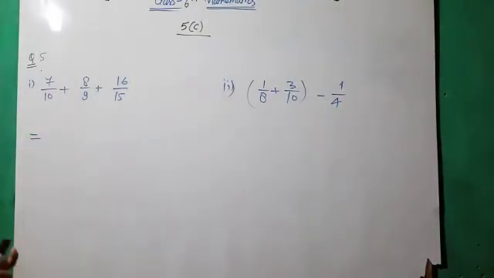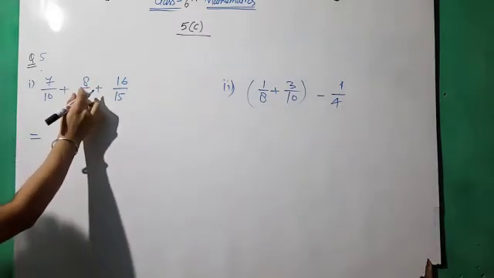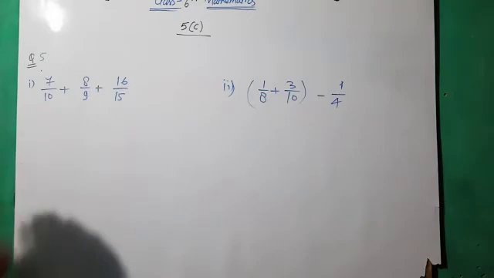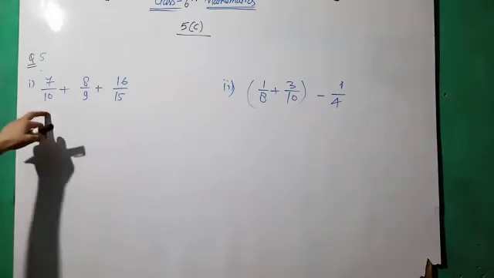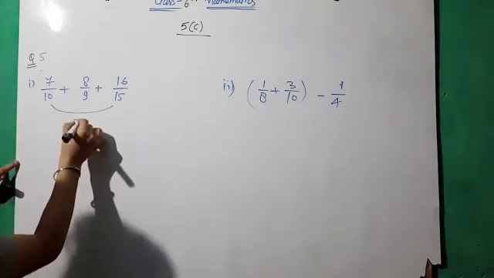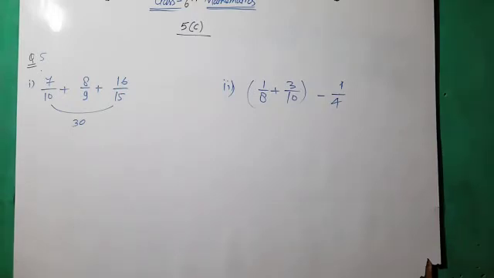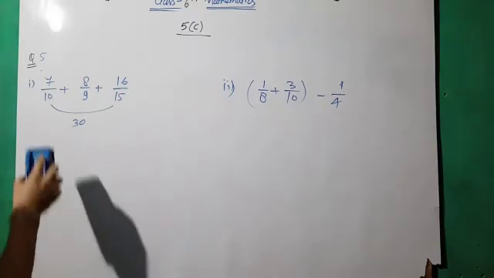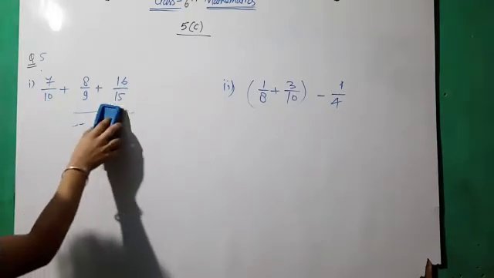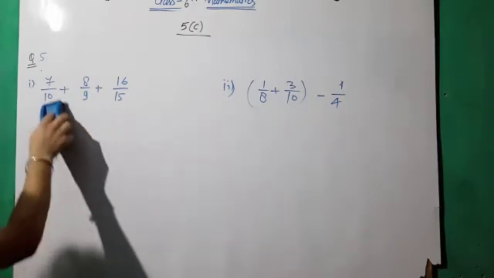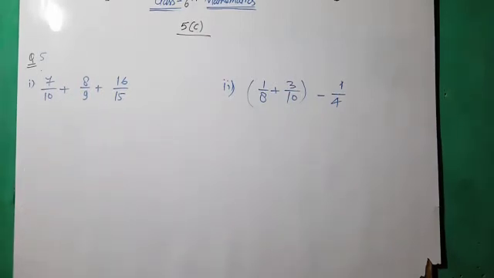First of all, we have to find the LCM of these three numbers, 10, 9 and 15. The LCM of 10 and 15 is 30, because 30 is a divisor of both the numbers. Now you have to find the LCM of 30 and 9. I think it is very easy, because the first multiple is 90.